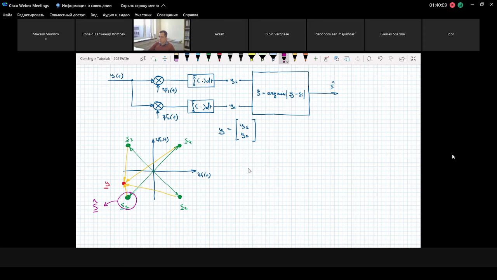So there's a question, we need to calculate Euclidean distance. Yes, right, this is exactly what we need to do. We need to calculate Euclidean distance. But we can simplify this calculation of Euclidean distance by analyzing the absolute value. This is the idea.